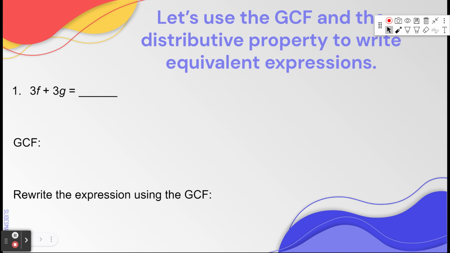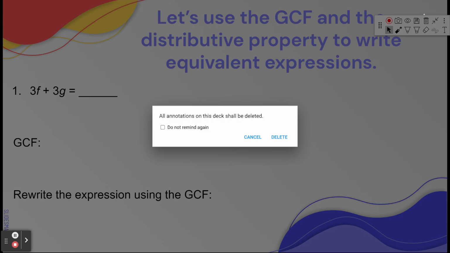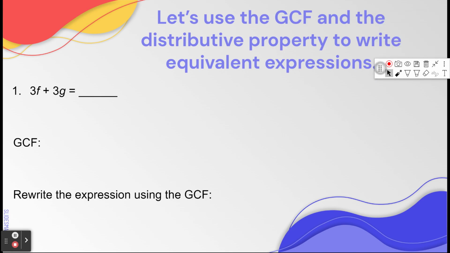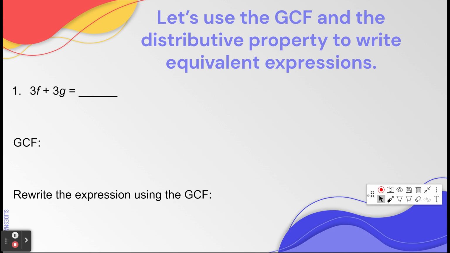So what we will be doing here is using the greatest common factor and the distributive property to write equivalent expressions.